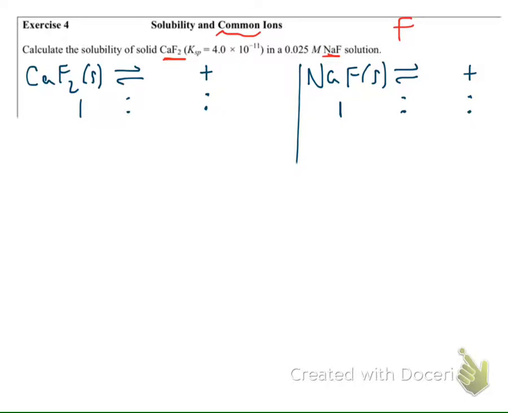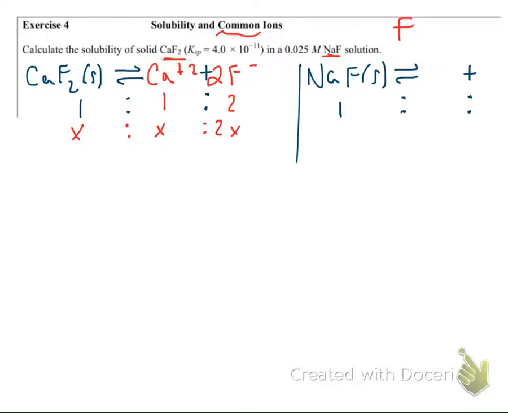And so let's break this down into its component ions again. The calcium fluoride breaks up into Ca plus 2 and F minus, 2 of them, with a 1 to 1 to 2 ratio. We can give this X to X to 2X treatment again.